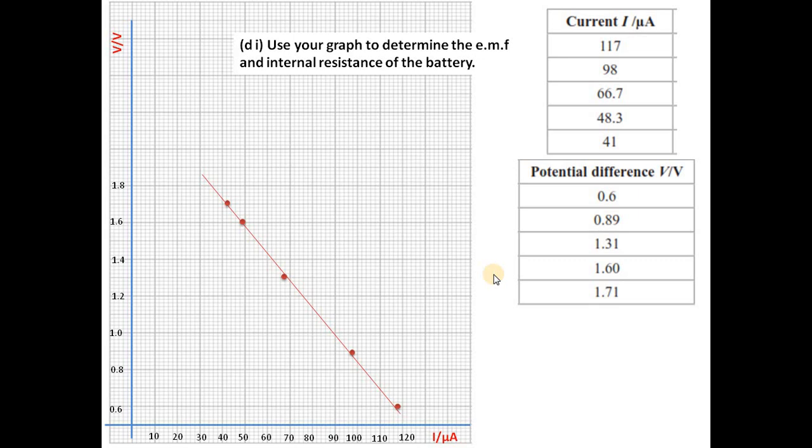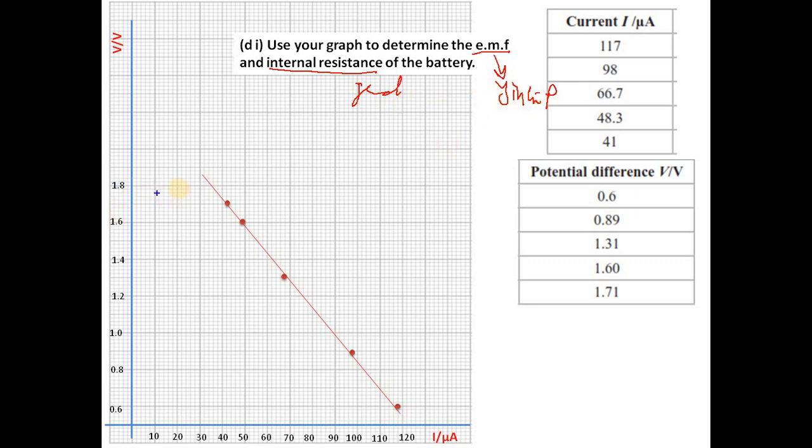Part D, I: use your graph to determine the EMF and internal resistance of the battery. The EMF is the y-intercept and the internal resistance is the gradient of the graph. So how do we do that?